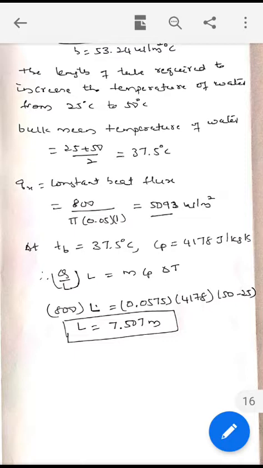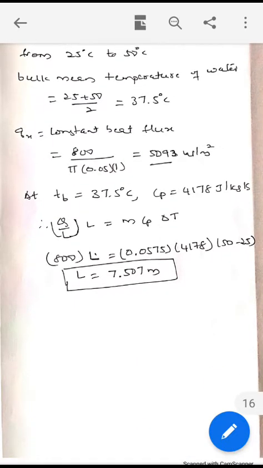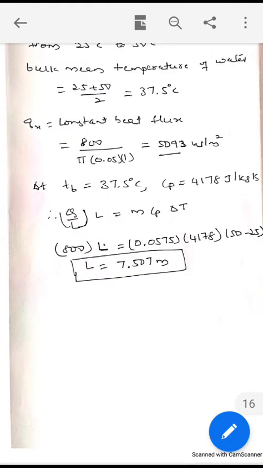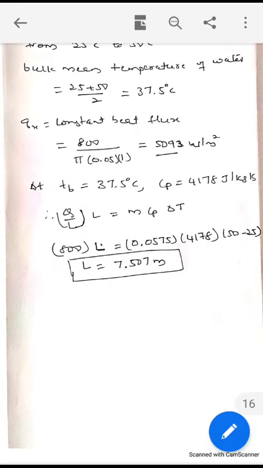So m Cp delta T, delta T is from 25 to 50. Q by L is known. Heat transfer per unit length, Q by L into L is equal to m Cp delta T. So you will get the length of the tube equal to 7.507 meters. So these are some of the problems solved on internal flows or flow through pipes.